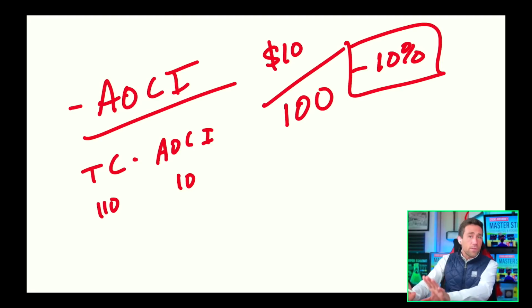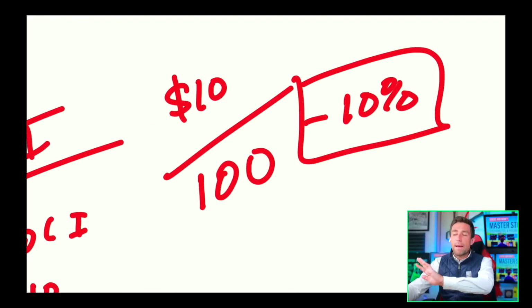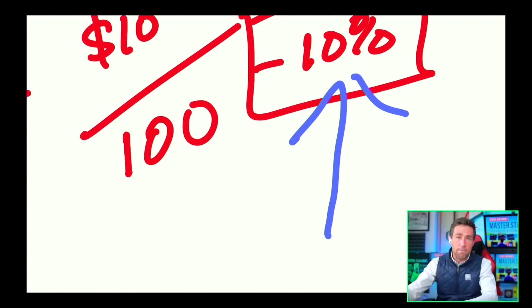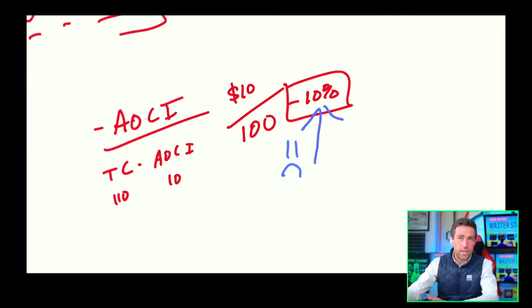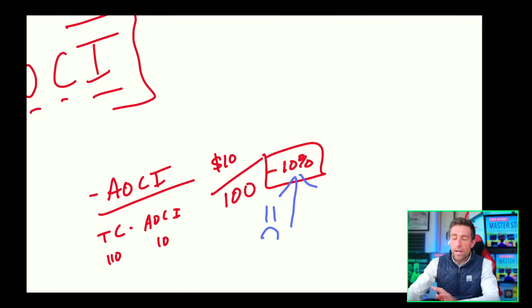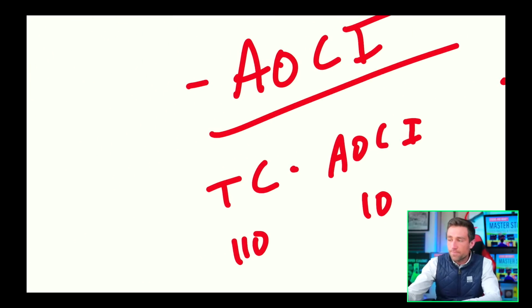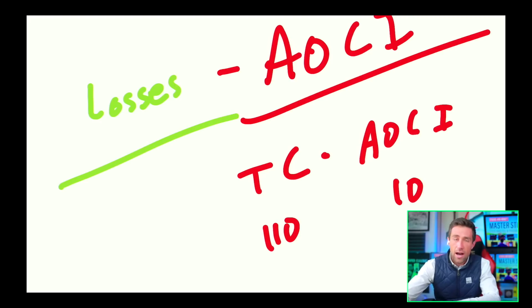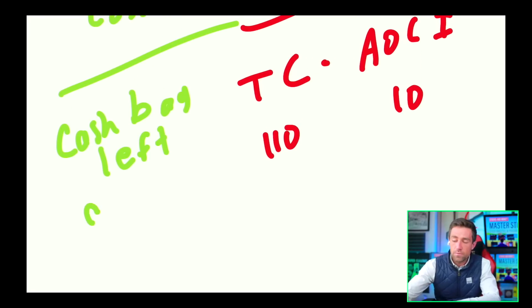Okay, that is simple. I don't want you to get lost there at all. It's basically just a ratio. And the bottom line is, the bigger that number, the worse. Very, very simple. Now, in English, what does this mean? What kind of losses do we have, and when we take those losses, how does that compare to the cash bag left after we consider those losses?